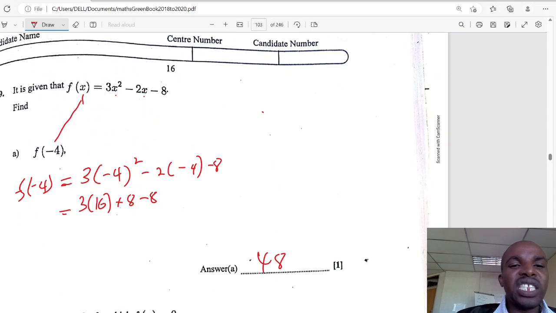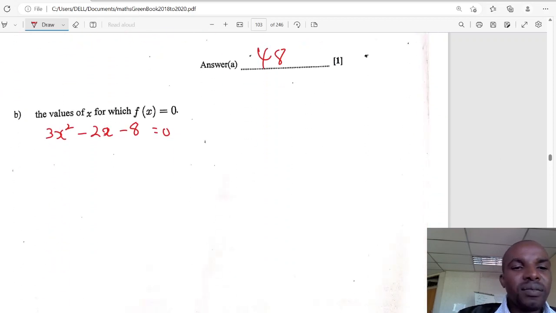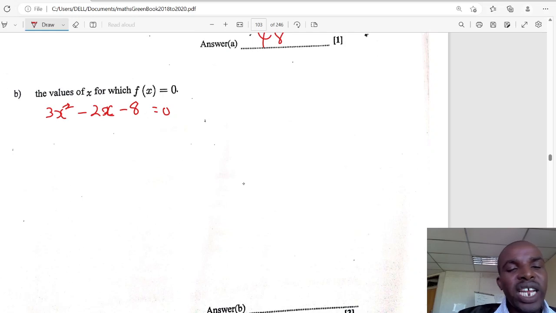Next, find the values of x for which f of x equals 0. What is our f of x in this case? It will be 3x squared minus 2x minus 8 is equal to 0. That's my f of x, right? Is equal to 0. Then you can factorize, complete the square, or use the quadratic formula. Whichever way you use, it will still work.